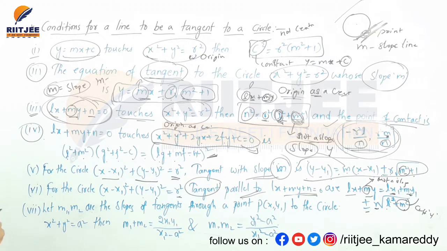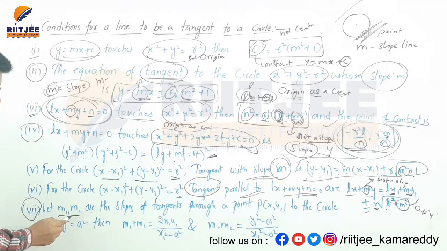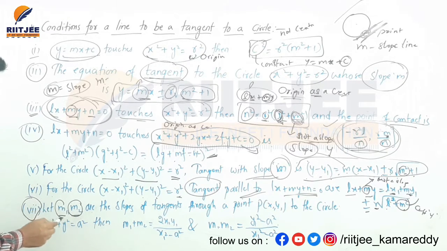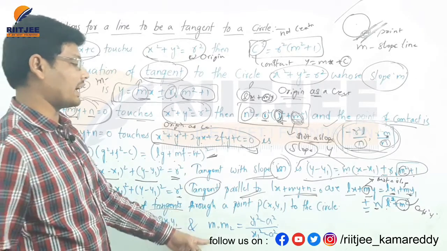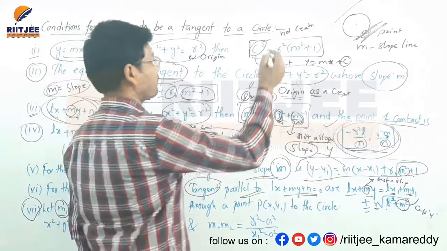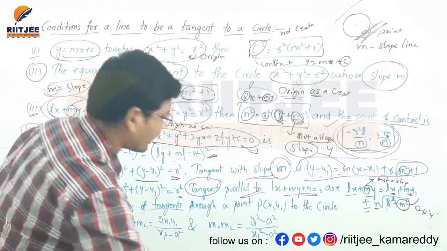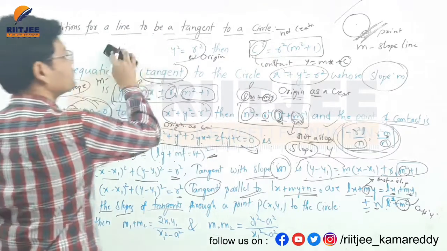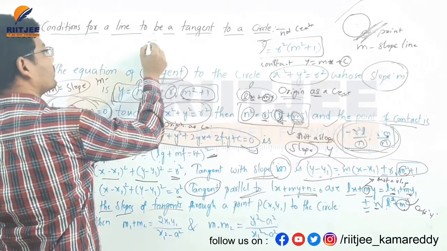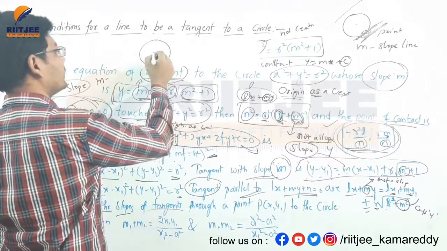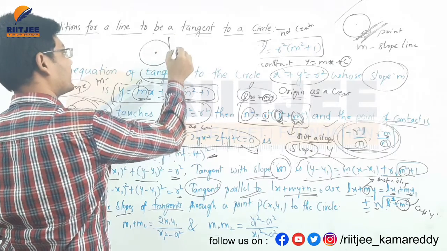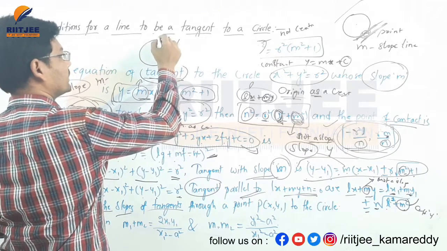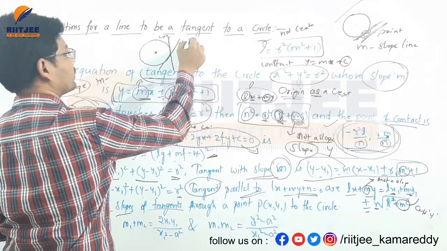And the seventh point is: let m1 and m2 be two slopes of tangents from one point. Here this is a circle, this is a point, this is one tangent, this is one more tangent. This is L1 = 0 and this is L2 = 0.